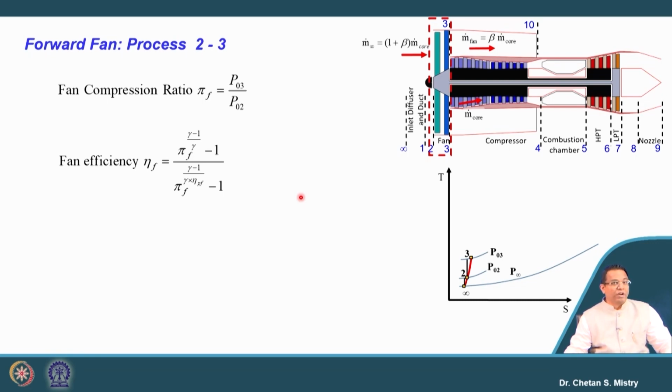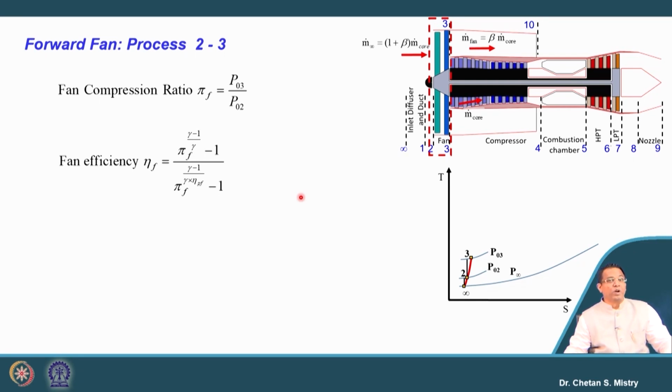Same way for the intake also, you will assume your intake efficiency, and then you will do your design for the intake, and then go with a computational study or experimental study, and verify whether the efficiency number you assumed is coming the same or not.